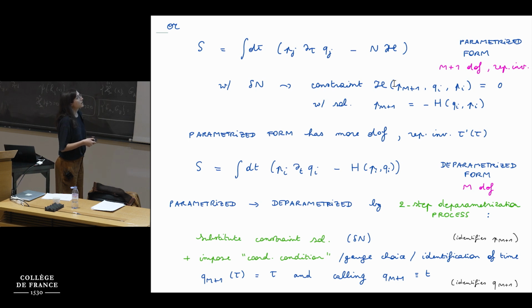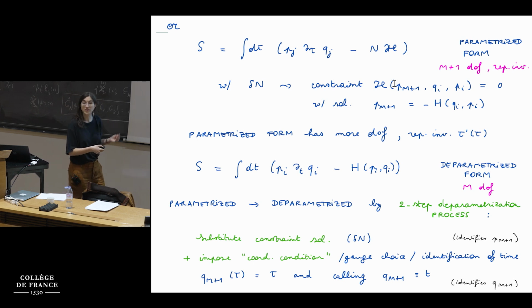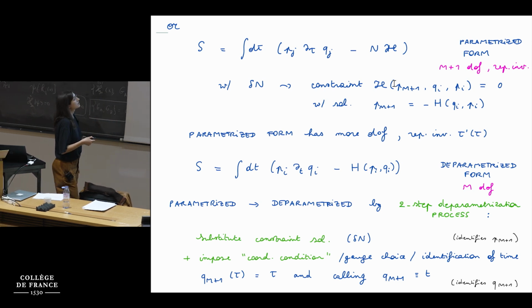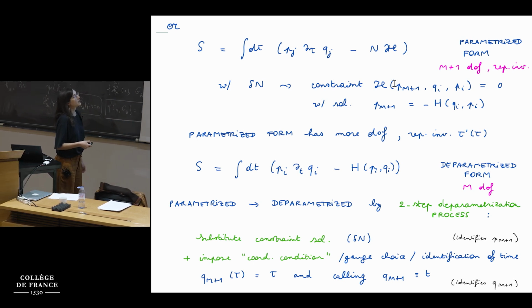So what we did now is the process of parametrization, going from this original p q dot minus H form to the parametrized form. If we retrace those steps, then we can follow how to do a deparametrization. That deparametrization is a two-step process.